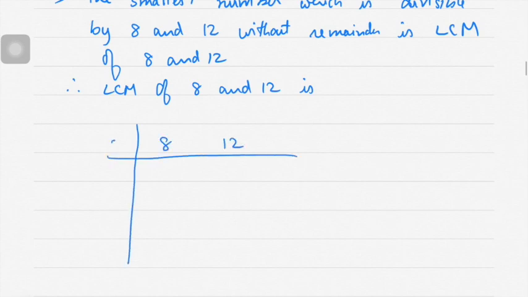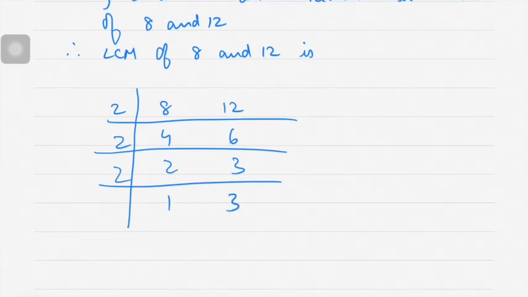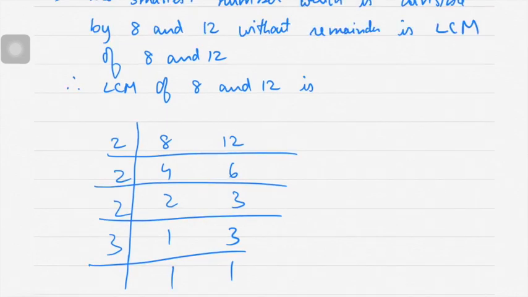let's find the LCM of 8 and 12. 2 4s are 8, 2 6s are 12, 2 2s are 4, 2 3s are 6, 2 1s are 2, 3 I'll write as it is, then 3 1s are 3, 1.